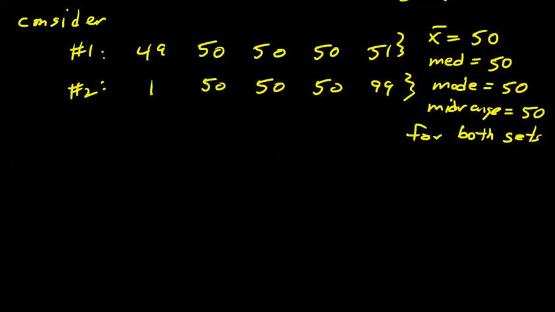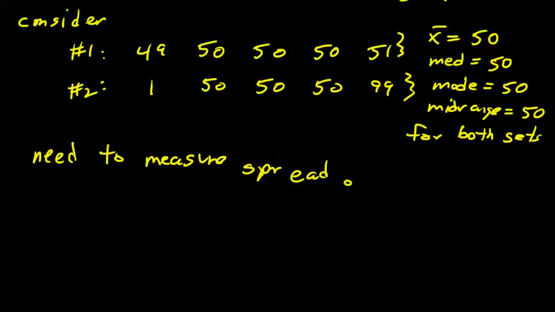In other words, we need to measure spread. Spread or variation. Clearly, data set 2 is more varied, more spread out than data set 1.